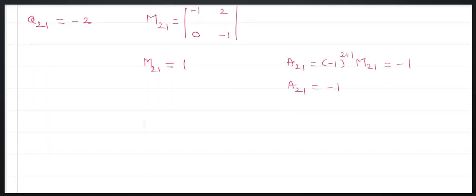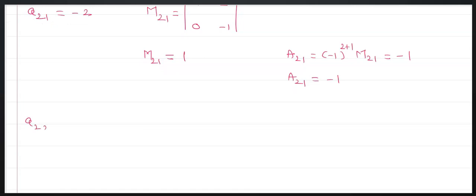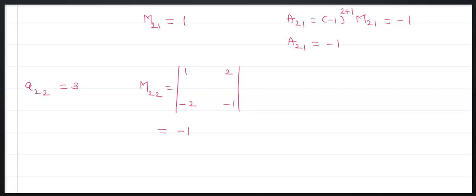Next is A22. A22 is 3. Therefore, M22 is equal to, now see this. That is 1, 2, minus 2 and minus 1.